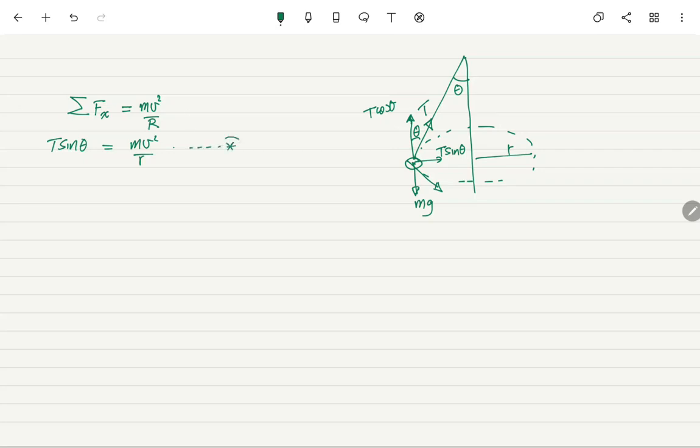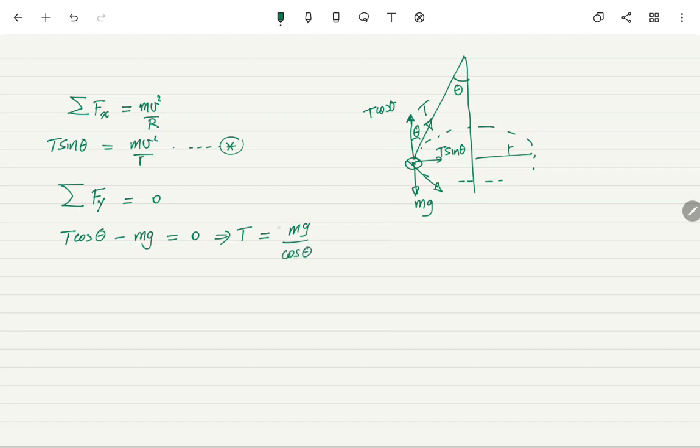In the second equation, sum of all forces on y equal to 0, tension cosine theta minus mg equal 0. In this case, tension equal to mg divided by cosine theta.